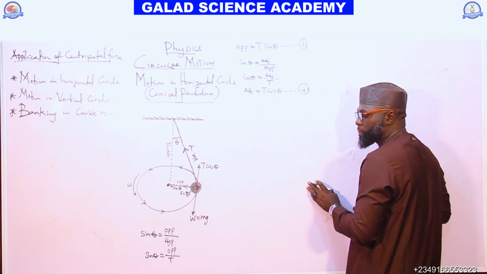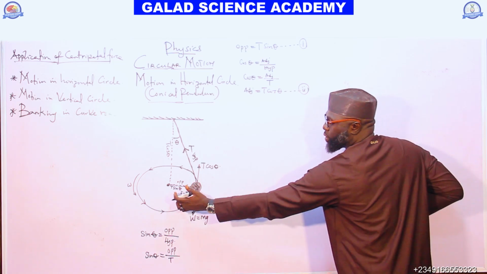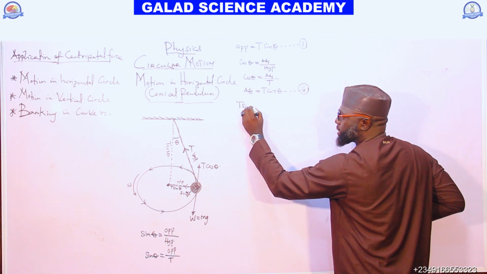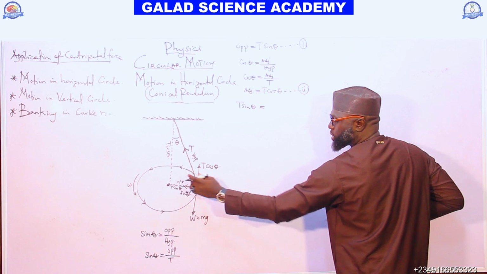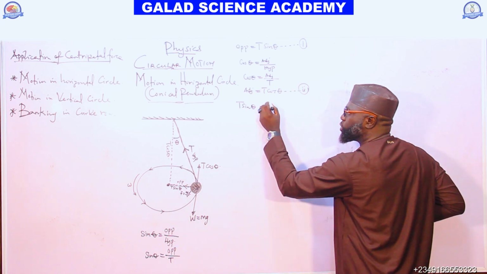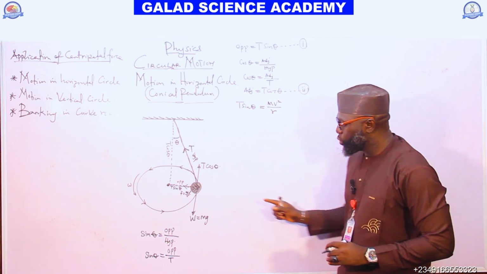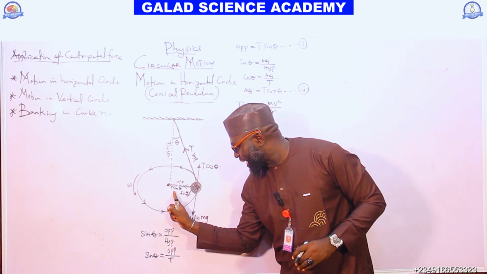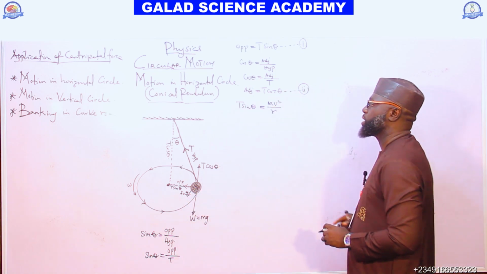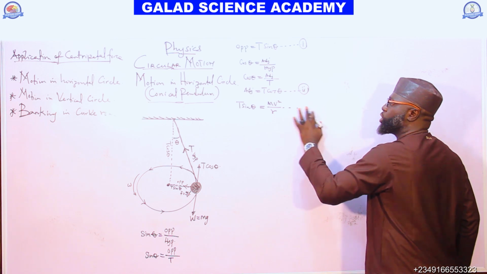So you now say here, T sine theta equals the centripetal force, which is mv square over r. You equate them together. T sine theta equals the centripetal force, mv square over r. You can call this Equation 3.